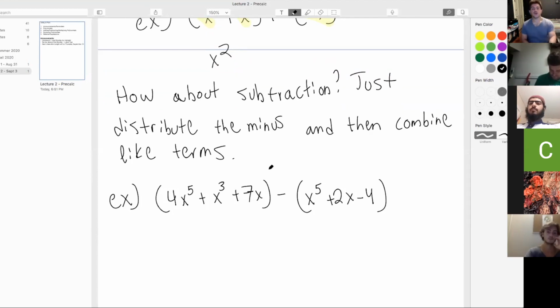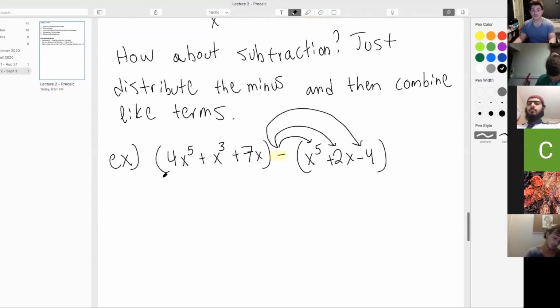All we have to do is distribute this minus sign into each term of the polynomial. The first polynomial comes down as normal: 4x to the 5th plus x to the 3rd plus 7x.